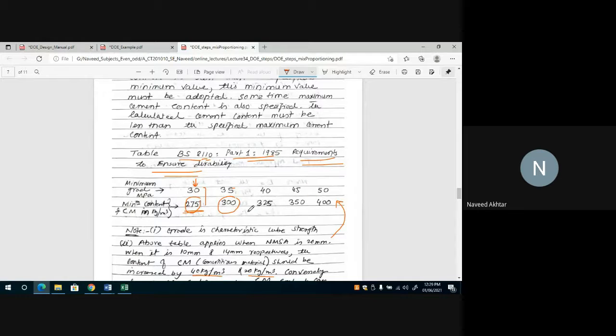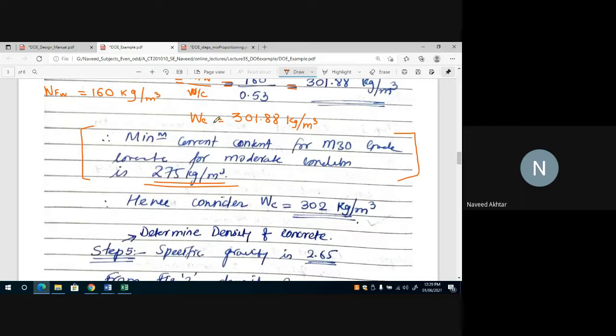So all these values are given by BS based on the strength of concrete you are adopting. Here, because it is M30 grade of concrete, the value is 375. Hence, whatever calculated value of cement content we are considering, 320 kg per cubic meter.